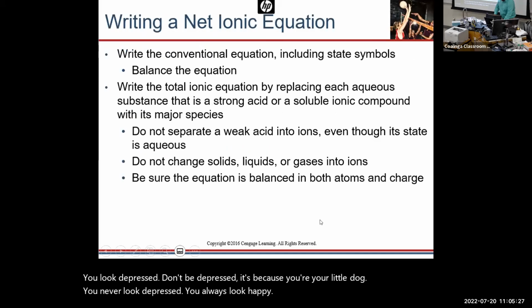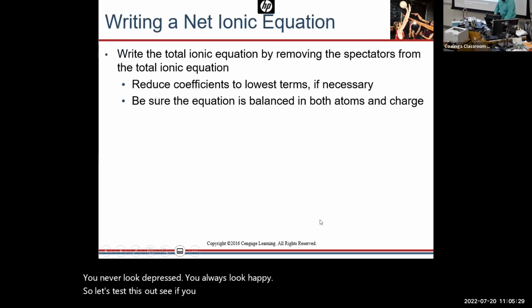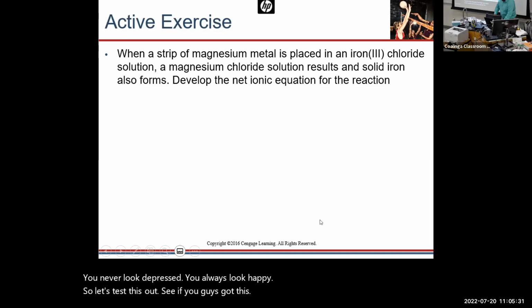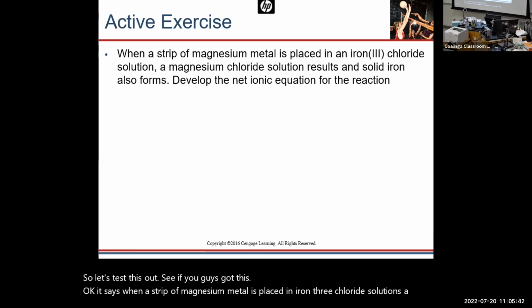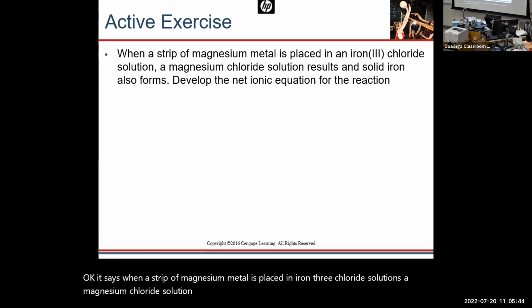Okay, so let's test this out, see if you guys got this. It says, when a strip of magnesium metal is placed in iron(III) chloride solution, a magnesium chloride solution results and solid iron also forms. Develop the net ionic equation for this reaction.